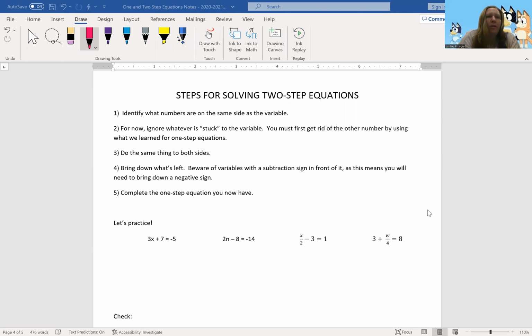When you have an expression and you have to evaluate it, we follow order of operations, which we often think about as PEMDAS: parentheses, exponents, multiplication and division together, addition and subtraction together. When we have an equation, we're working backwards.